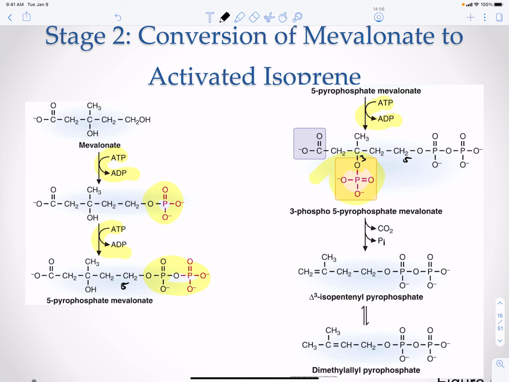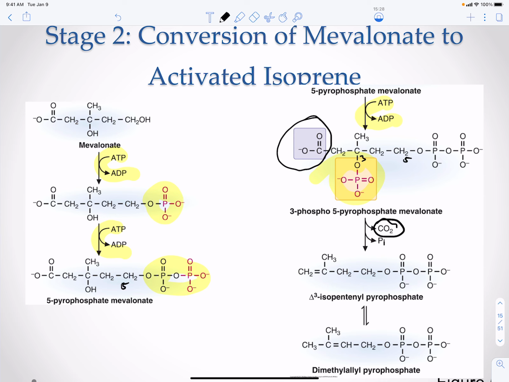Now, after you have the phosphates attached to carbon 3, and you have your phosphates attached to your 5, the 3-phospho-5-pyrophosphomevalonate is going to be removed along with the carboxyl group that is attached to carbon 1. So this is going to be your leaving carbon dioxide. So that's what's going on here.